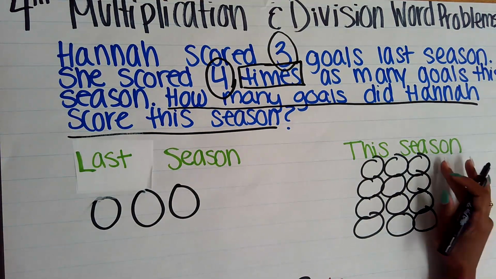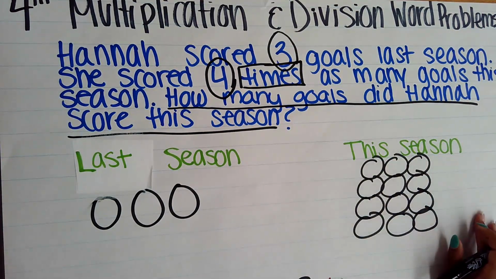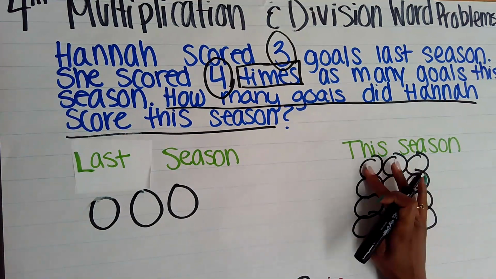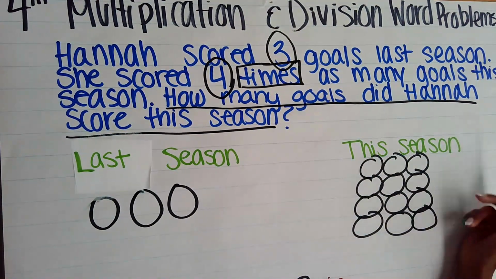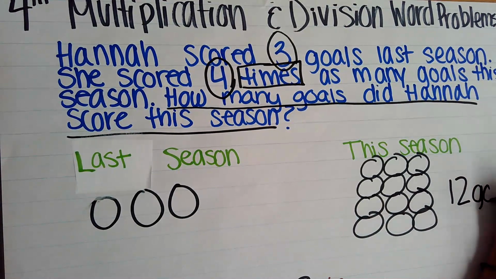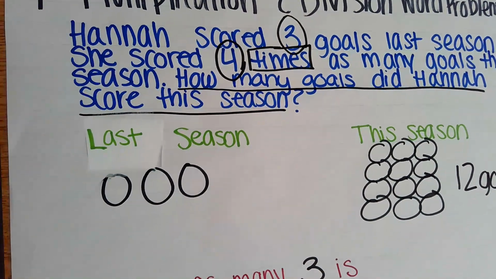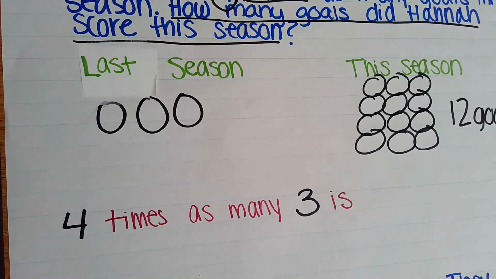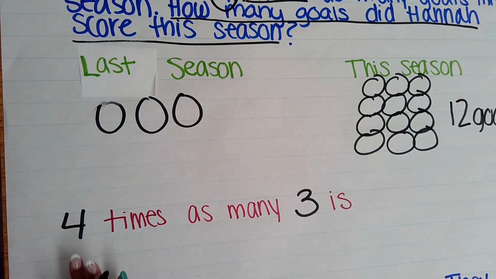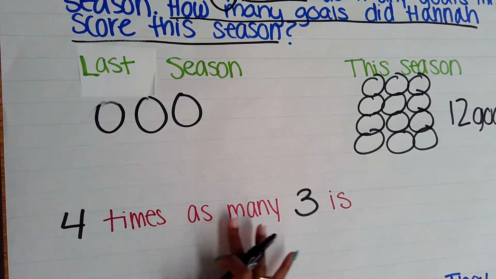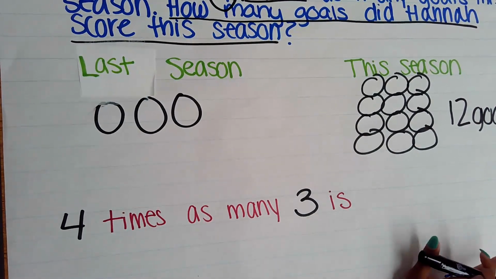So students are familiar with this array. They can use skip counting to figure out how many goals total they have. So I could go 3, 6, 9, 12. Hannah has 12 goals this season. We can also think about this as an equation. So I have 4 times as many. 3 is something.